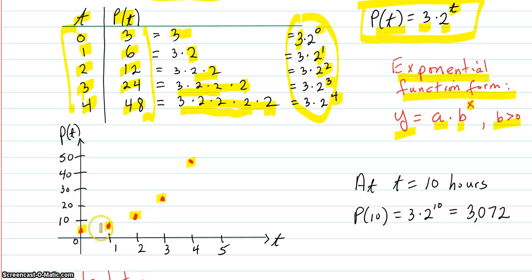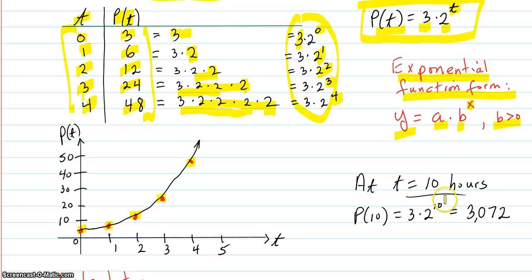Okay, and now we're going to fit this with a curve. So there it is, drawn through there. It's a little bit warbly, but it's supposed to be very smooth. Okay, and then we're supposed to find out how much bacteria is in there after 10 hours. So here's your 10 hours. Plug it into the function right there.